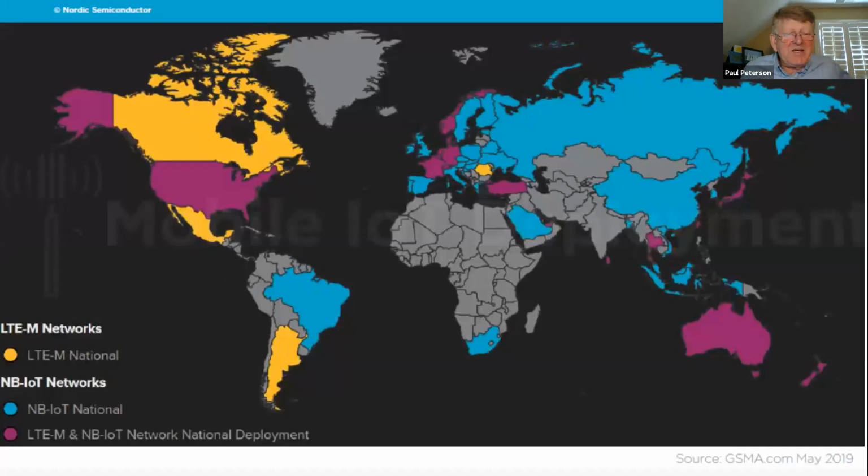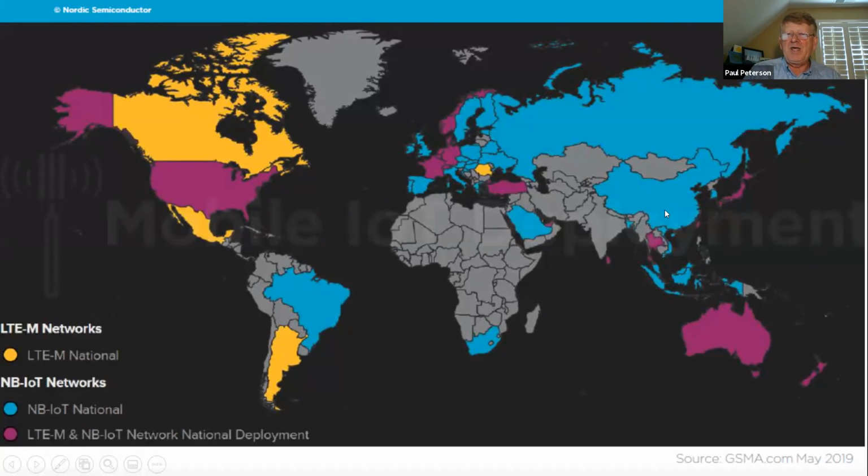Here's an interesting dynamic. Not every country is implementing it the same way. The countries in purple have decided their carriers, AT&T and Verizon for example in the US, are going to implement both Cat M and NB-IoT, whereas not all of Europe has said they're going to implement LTE M. Canada, I think, has actually agreed to do NB-IoT at this point, so this is a little dated.